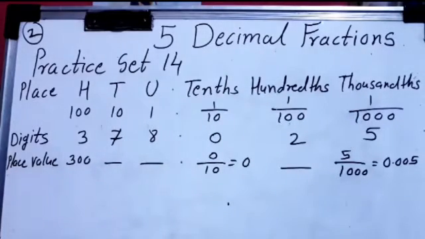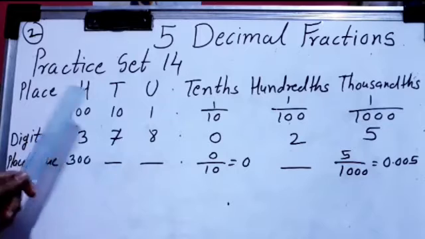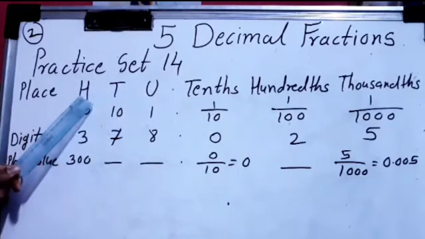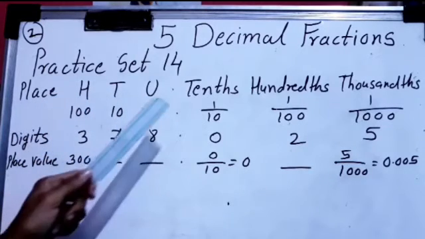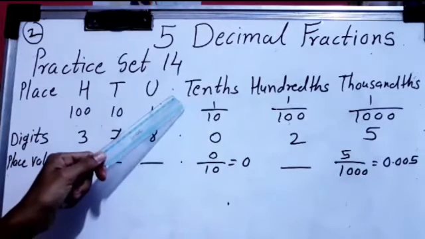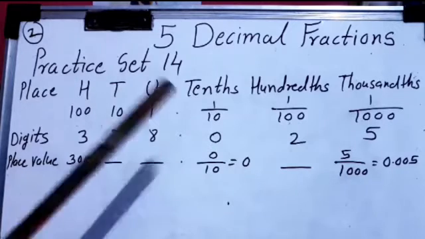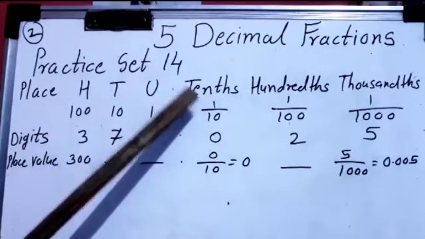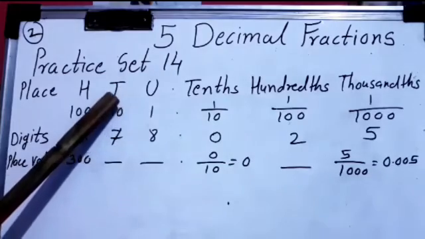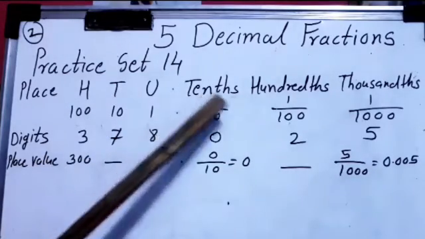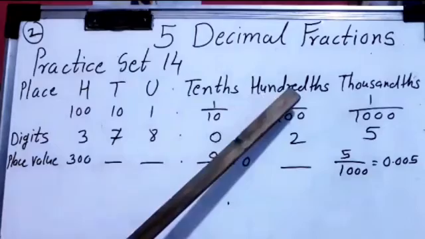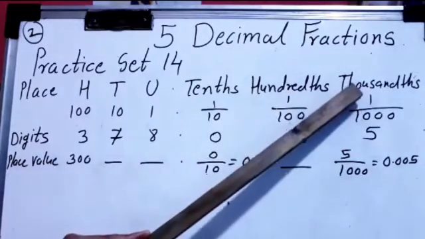Left of the decimal point, we write the place values as usual, that means unit, 10, 100, 1000 and so on. Right of the decimal point, the place values start from 10th. Here there is no place of unit. It just starts from the 10th. So here we write tens, this is the 10th. Then 100th, then 1000th.